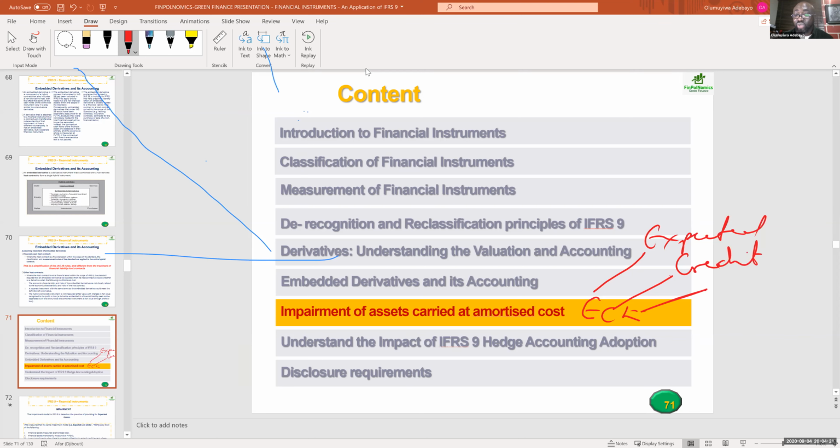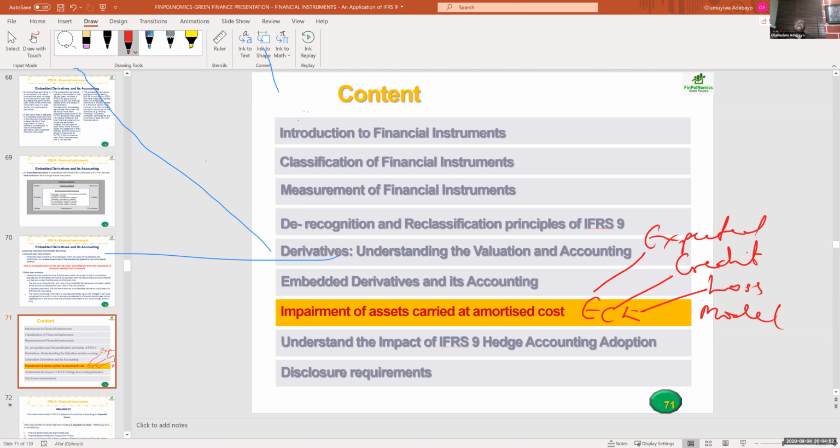And L means what? Loss model. Okay, what it simply means is this. Unlike under IAS 39, which was the old standard, that will make use of what we call the incurred loss model. Incurred loss model says that it's only when there's an impairment trigger, like something has already happened, before we can test such financial asset for impairment.